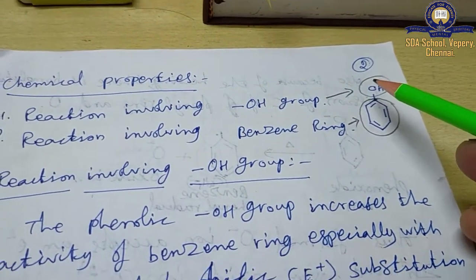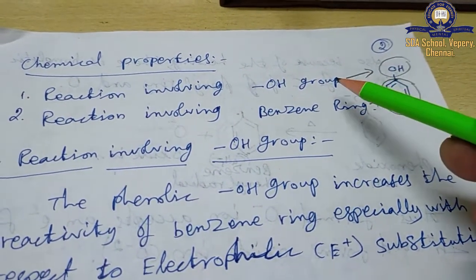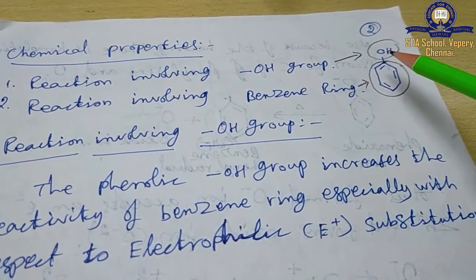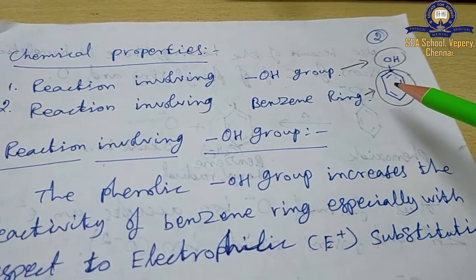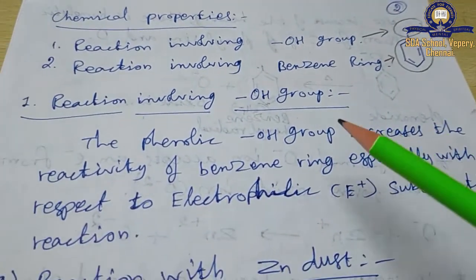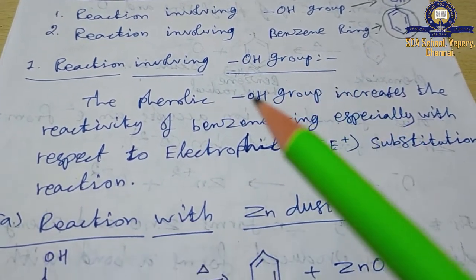So that is involving the hydroxyl group in some of the reactions. That is the first type. The second type is where the hydroxyl group is inert and the benzene ring is active in some of the reactions. That is the second subtopic. We move on to the first subtopic, reactions involving the hydroxyl group.